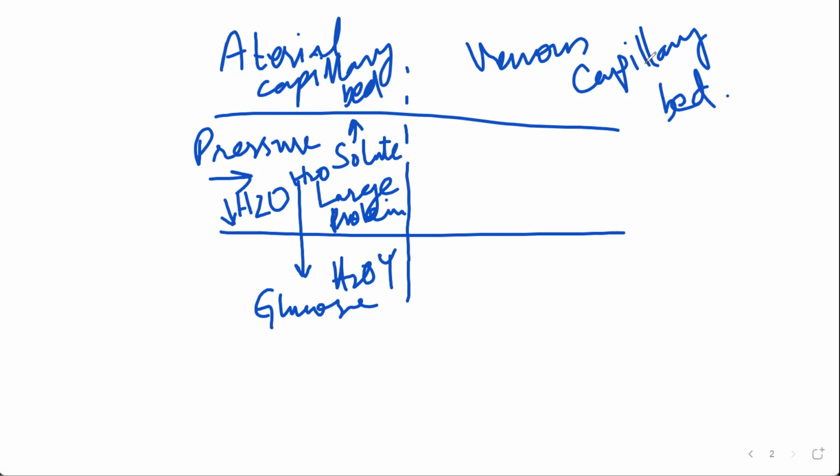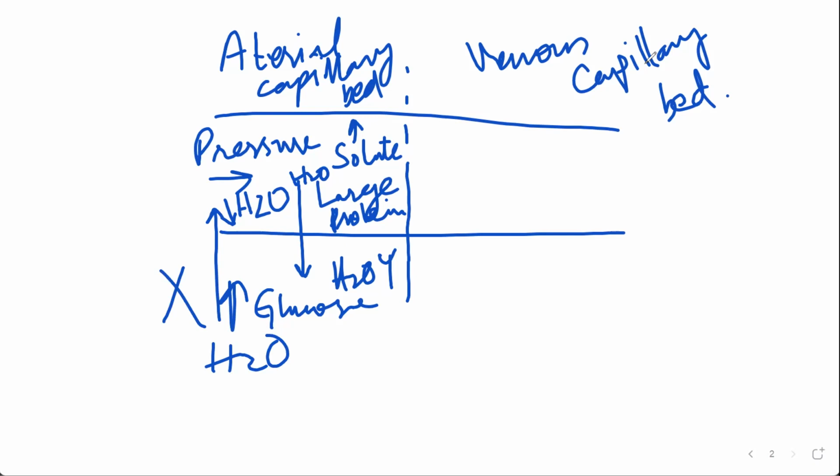The large proteins are too big to leave, creating more solute potential and less water potential in the arterial capillary bed. So don't you think that as the water potential is high here and low here, water should go back into the bloodstream, but it never happens like this.